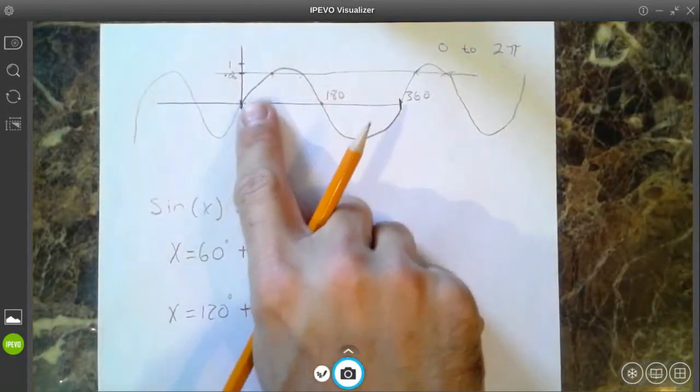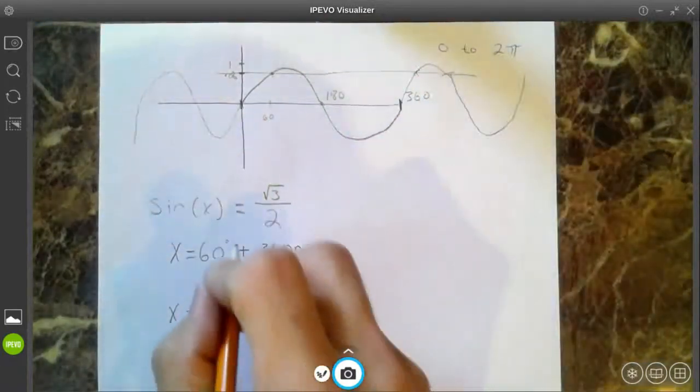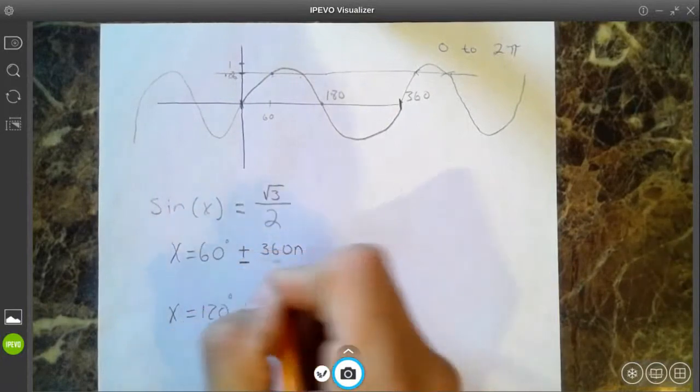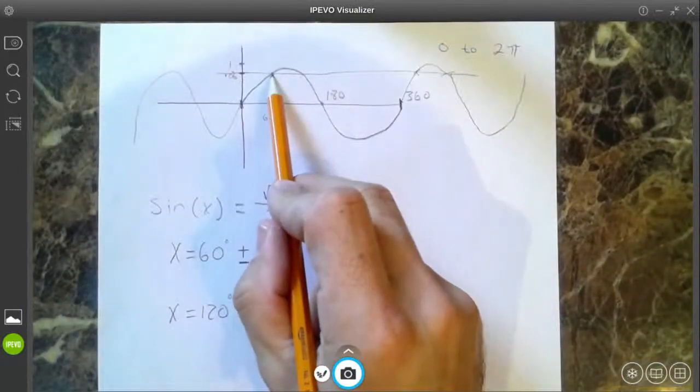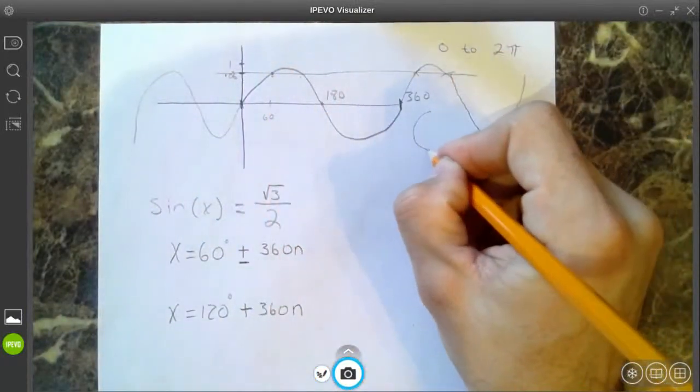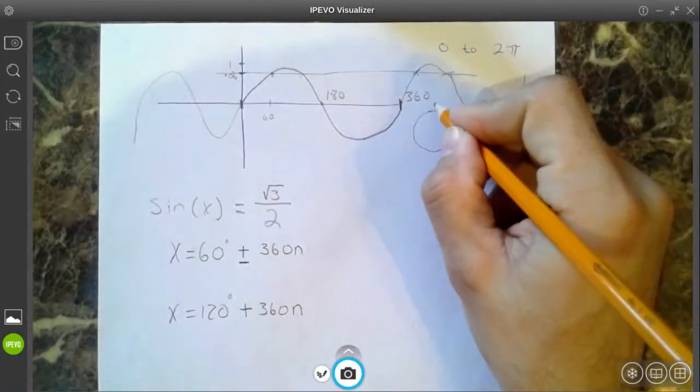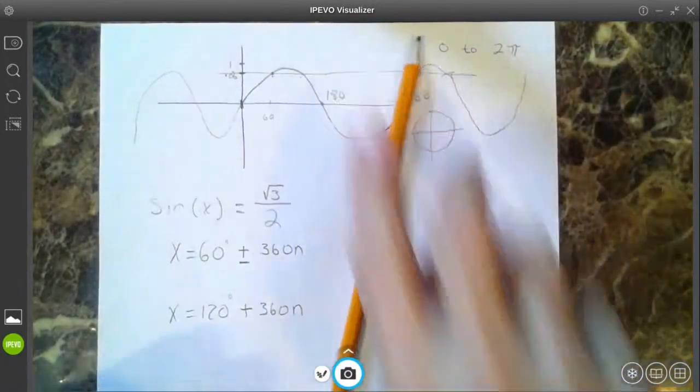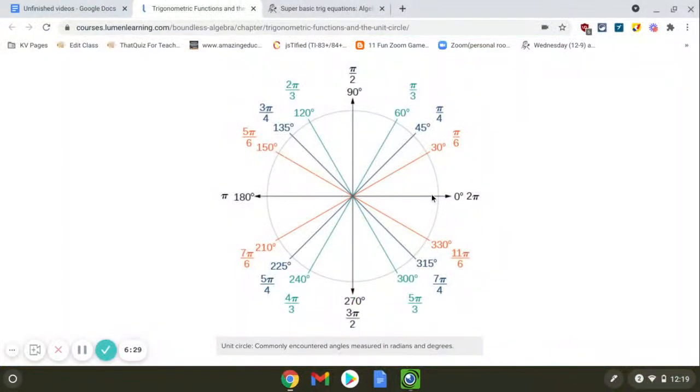But not only does it go over and over to the right, it also goes backwards. You can minus 360 from where you are now. Remember, whenever we were talking about the unit circle and that little grid, actually, let me jump back over here. So 60 degrees is true, but if you add another 360 to it, you do a full lap around the circle, you're back to 360.